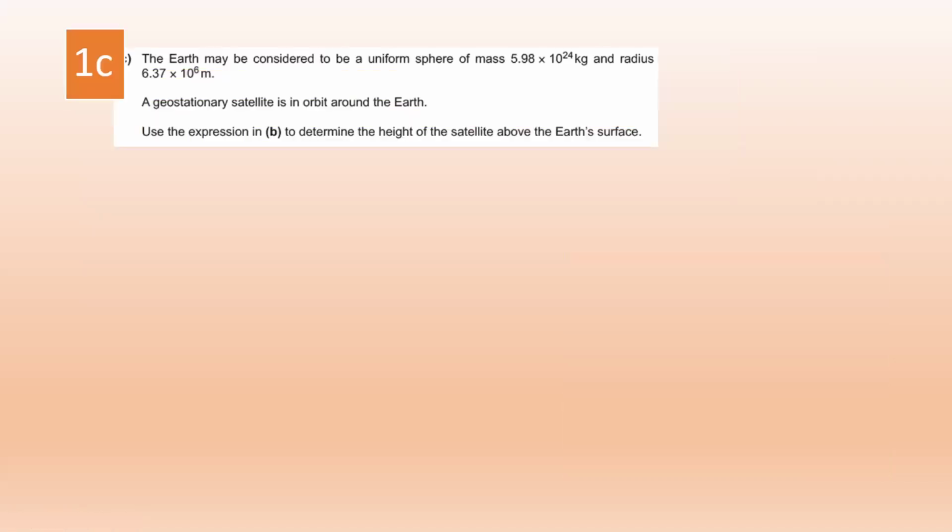Earth may be considered to be a uniform sphere of mass 5.98 times 10 to the power 24 kilogram and radius 6.37 times 10 to the power 6 meter. A geostationary satellite is in orbit around the Earth. Use the expression in B to determine the height of the satellite above the Earth's surface.